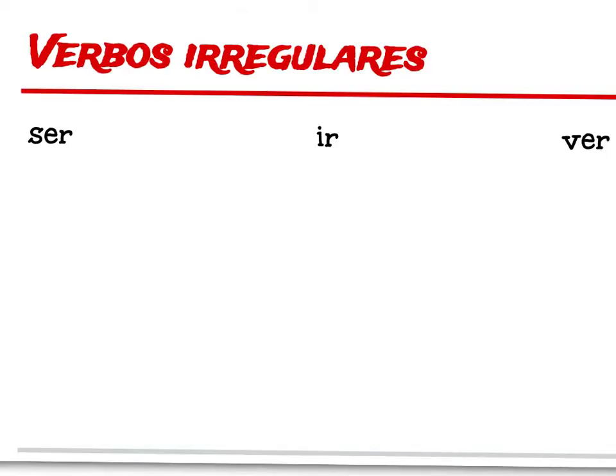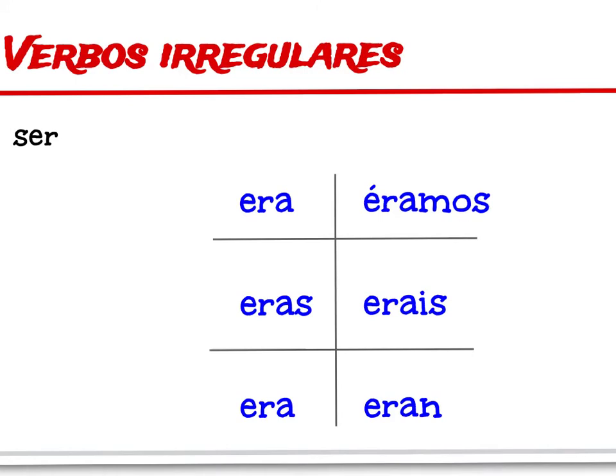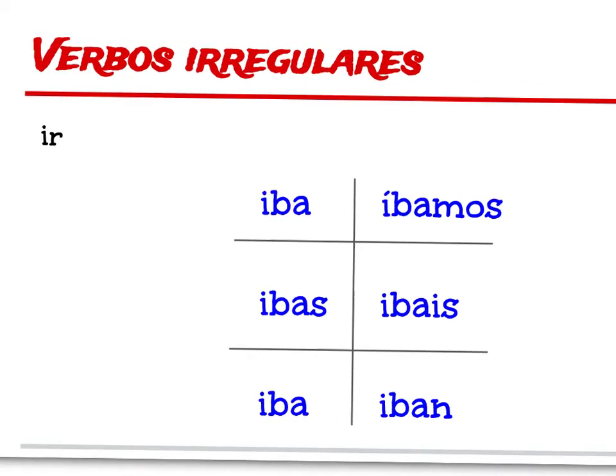Now, unlike the preterite tense, there are only 3 irregular verbs in the imperfect. Ser is conjugated like this. Ir is conjugated like this. Notice that there's an accent on the I in nosotros.